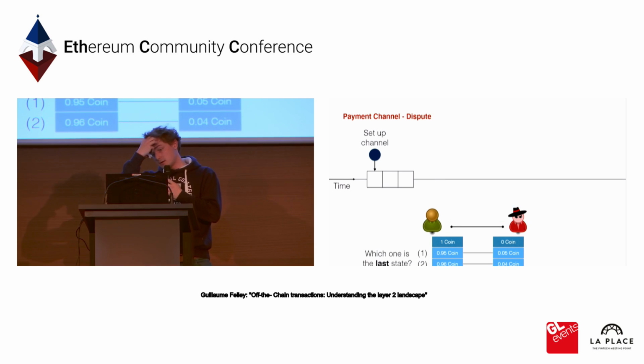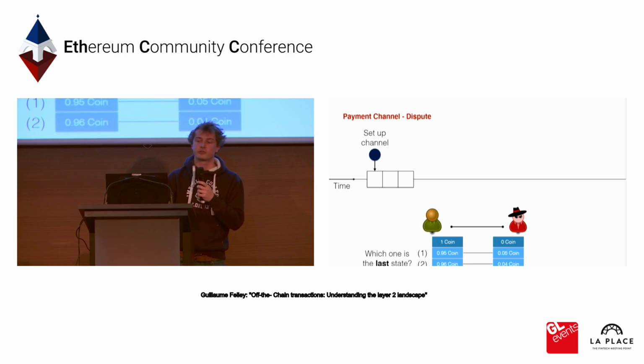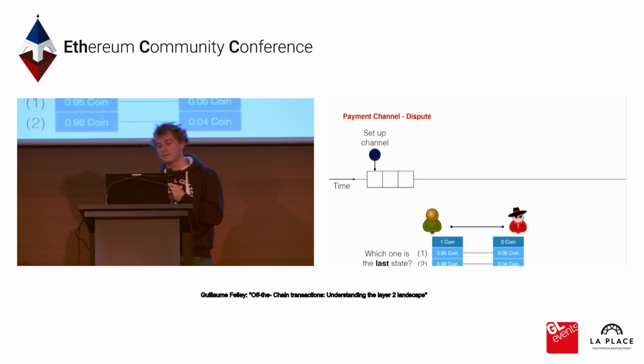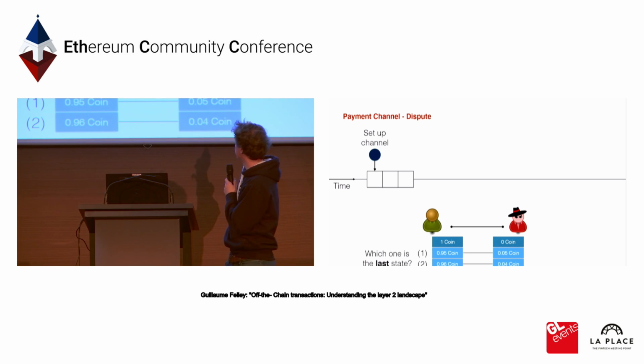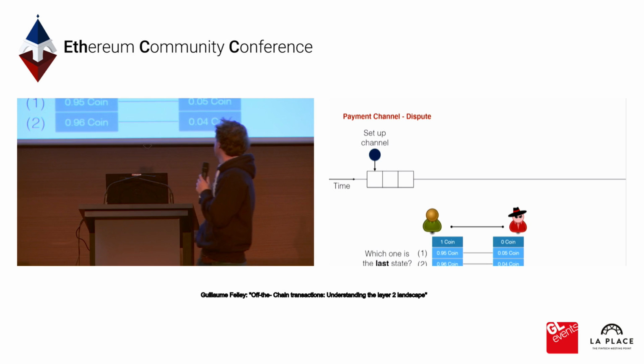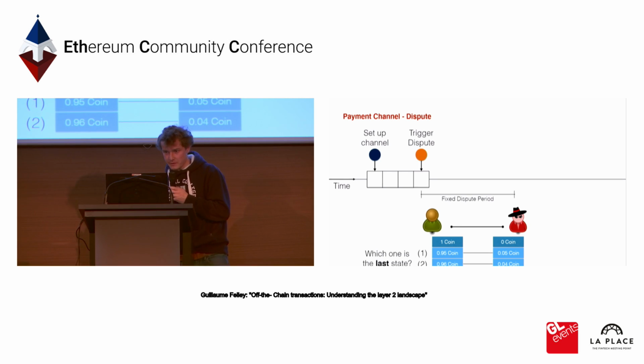All right. So now, how do you make sure that the latest state is the one enforced on chain? This party here might be malicious and want to submit to the chain and close the channel with the old state, number 1, where he has more money than in the latest one where he has less money, right? So basically, you have a dispute mechanism.